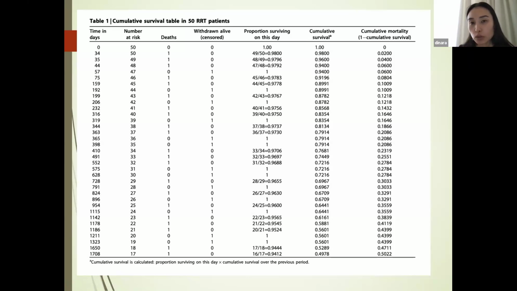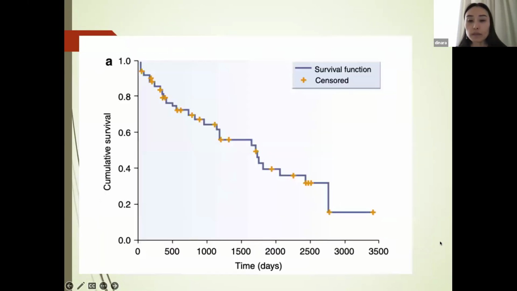So once we calculate cumulative survival, we can plot it using these Kaplan-Meier survival plots, and you see that with every death, the graph goes down. With censoring, the graph stays at the same level.